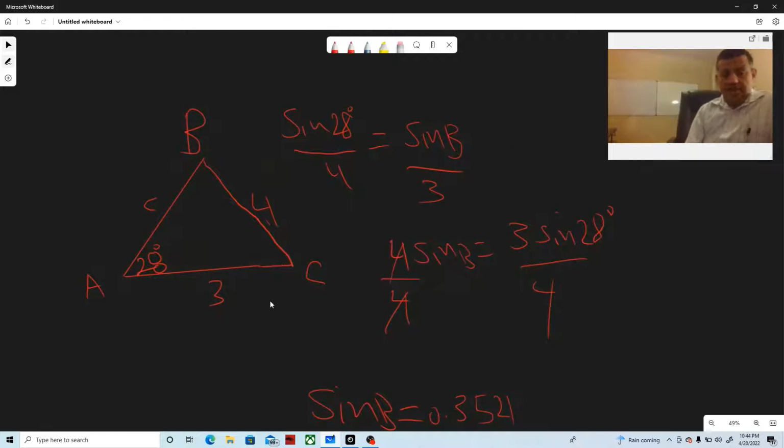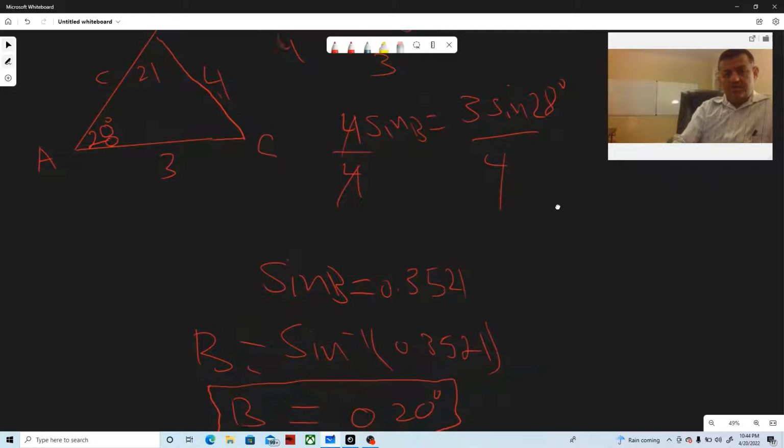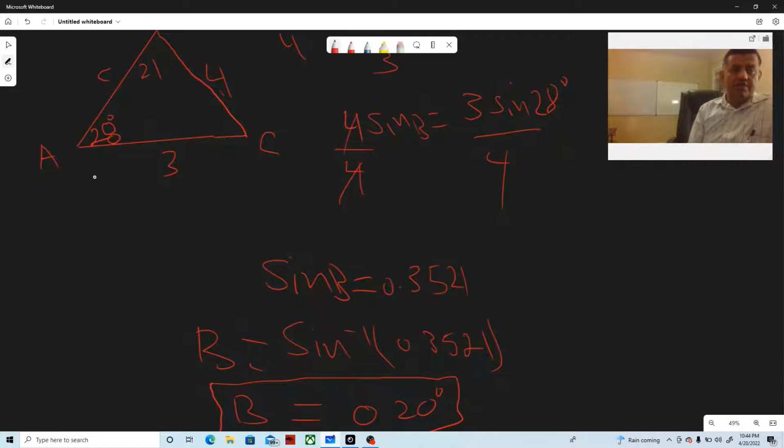Here we can say that B is 20 degrees. I believe it's 20. Actually, it's 21 degrees. Let's make it 21. It's a little more than a half, so just make it 21 degrees.